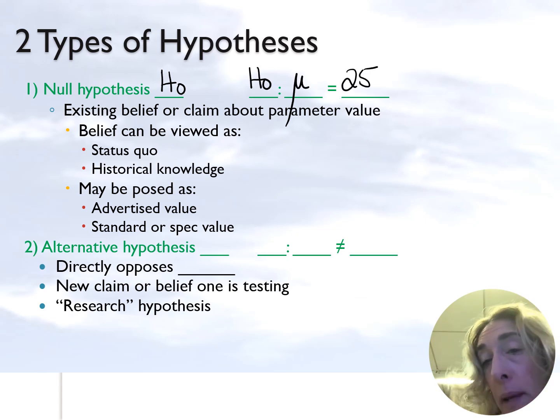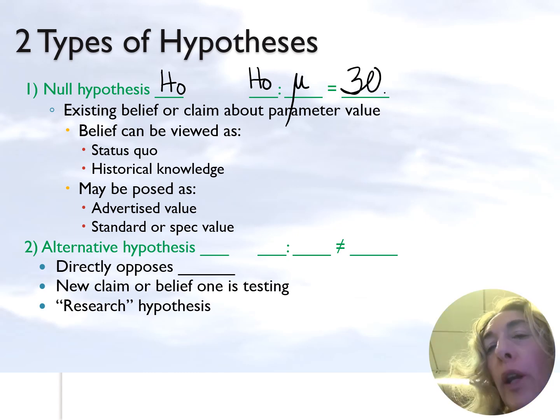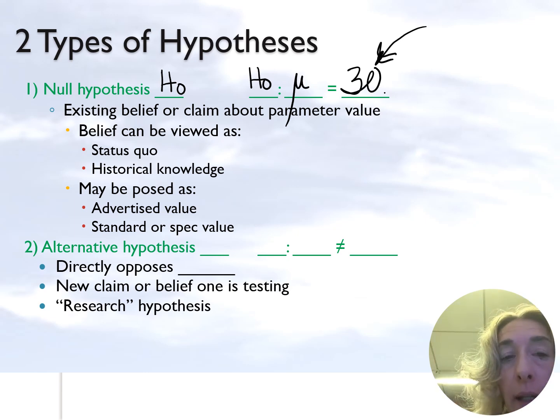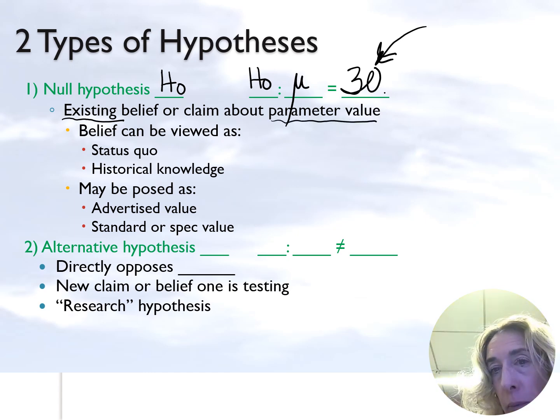Maybe we think it's 25 or maybe we think it's 30. We don't know, but this is our existing belief or claim about a particular parameter value. It could be 35, whatever our existing belief is.